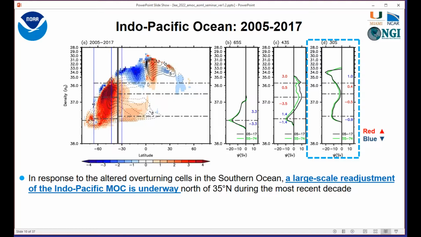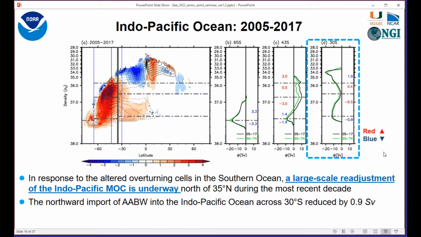The Pacific MOC is adjusting to it. If you look at these patterns, you see that this red thing is intruding toward the Pacific, and that is what is shown right here.